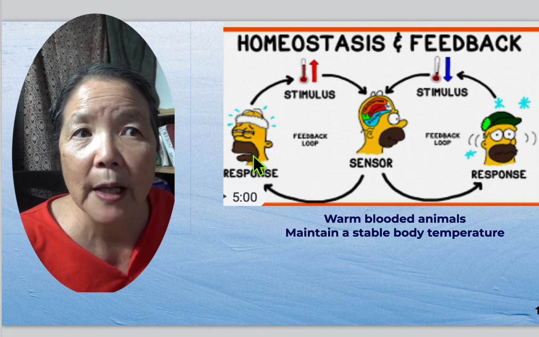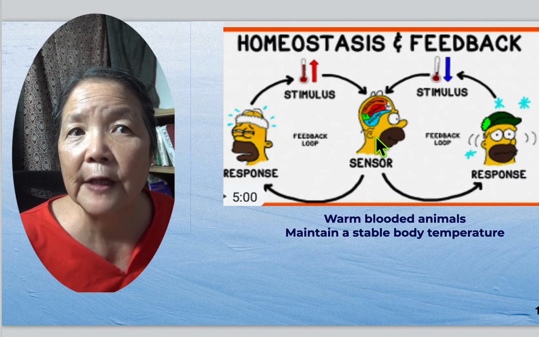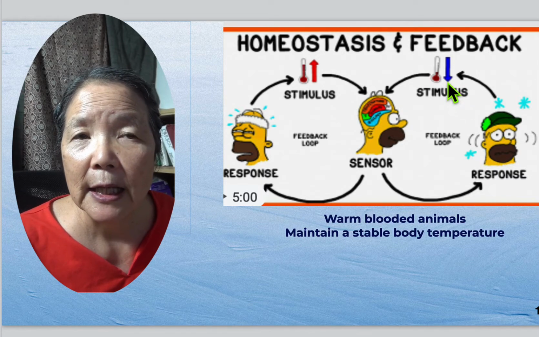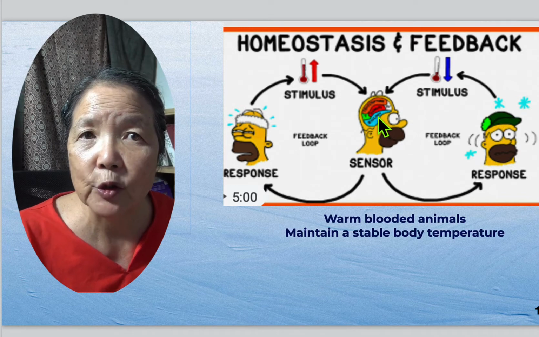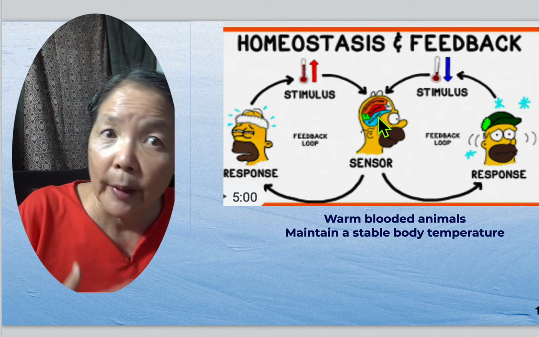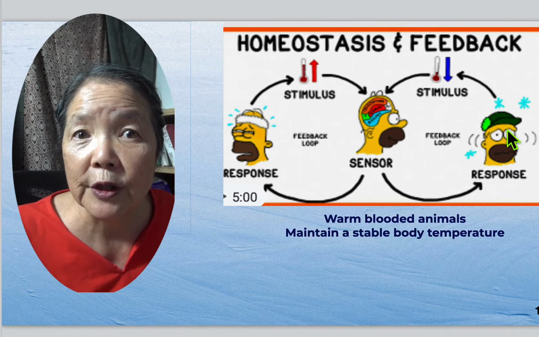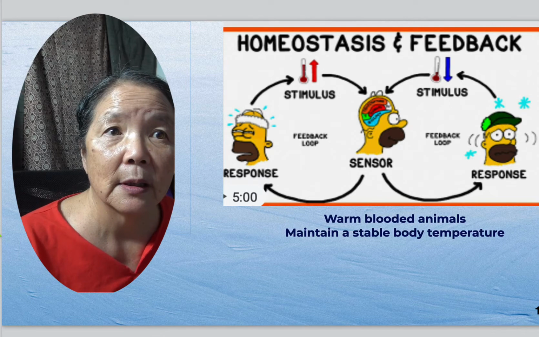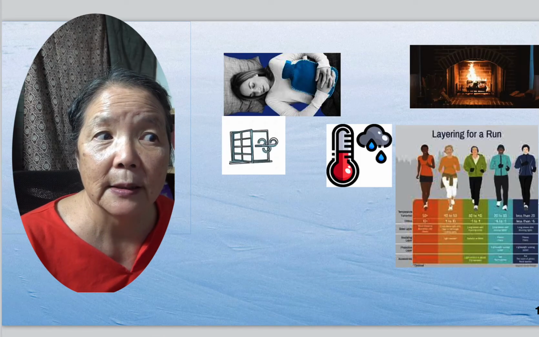And it responds by producing sweat. This is what's called a feedback system. In the same way, if it becomes cold, the brain responds to stimulus throughout the body and begins to produce shivering as a response. This is what we are calling homeostasis.